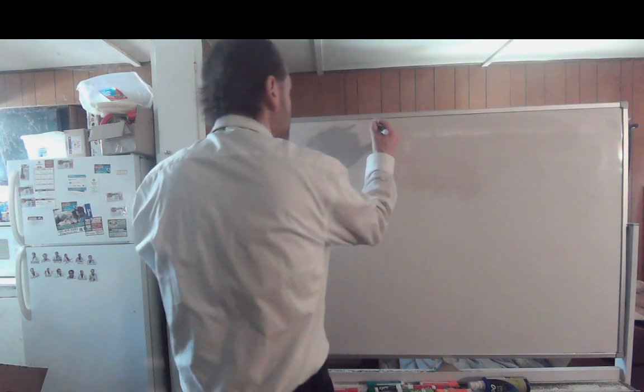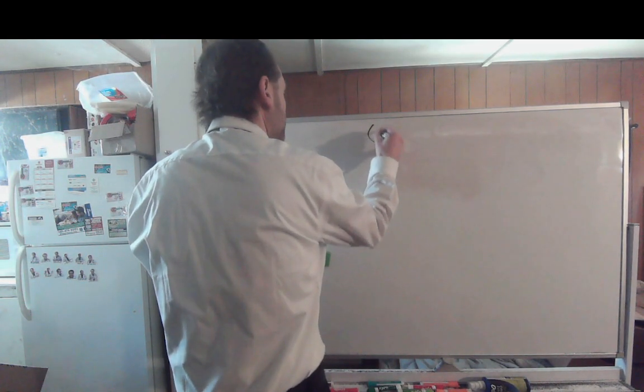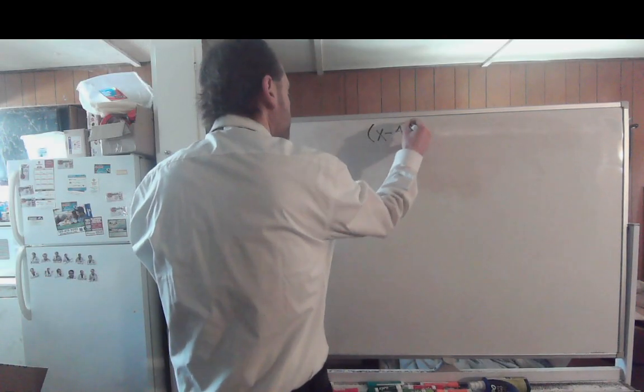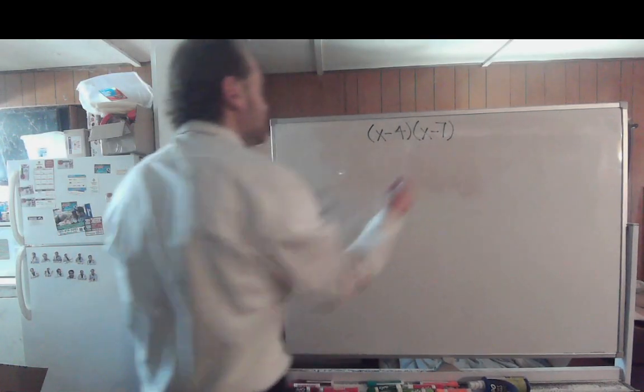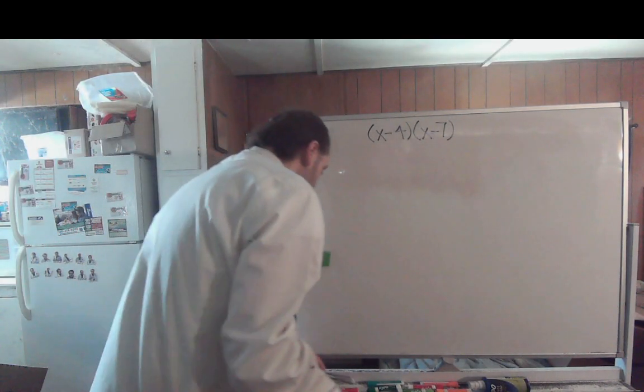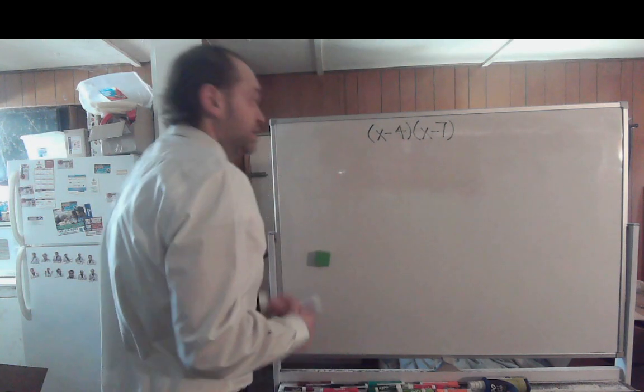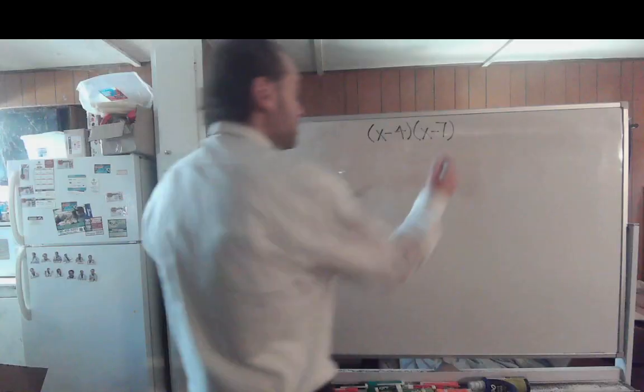Then also, more recently, we've covered types such as this, where you have the foiling type. You have the quantity of x minus 4 times the quantity of x minus 7. You just use FOIL for that.